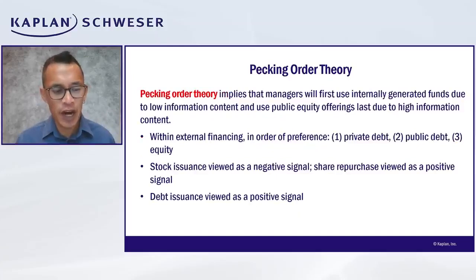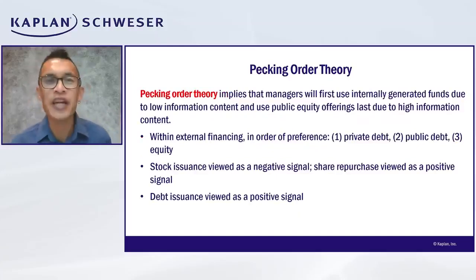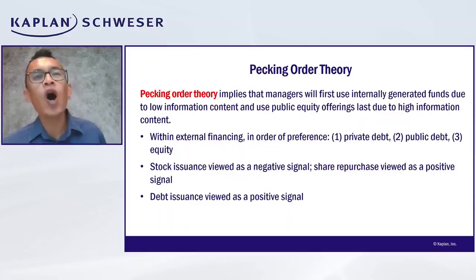So on this slide, I am going to continue on that hierarchy. So public equity offerings often raise questions and concerns amongst investors because existing owners would seem less likely to want to share ownership of a company with strong future prospects, right?